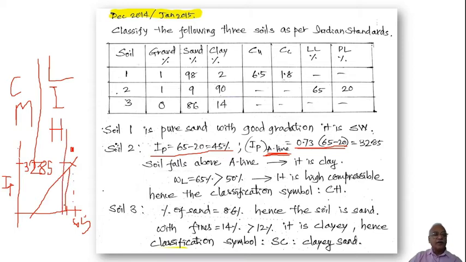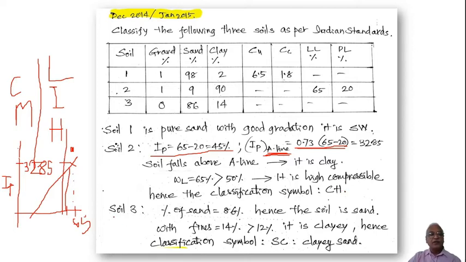So the vertical line is at 50, and this point is beyond 50, which tells that it is of high compressibility, and it is above the A line, that's why it is clay. Liquid limit is 65%, which is more than 50%, that's why it is highly compressible. Hence the classification symbol is CH, that is clay with high compressibility.